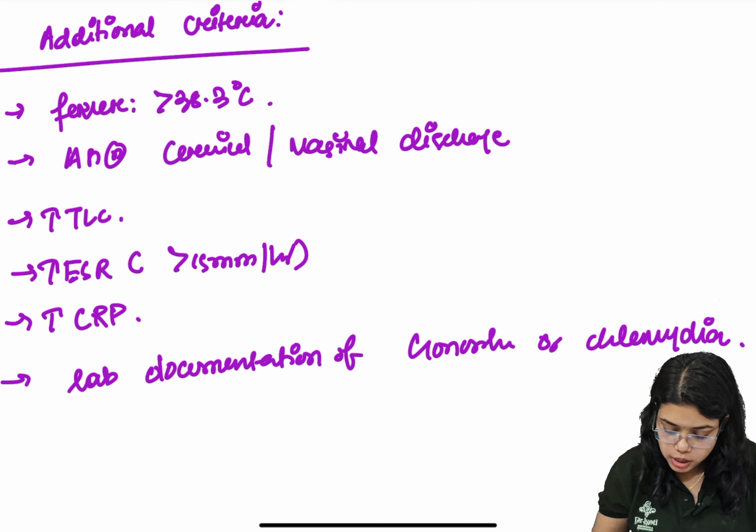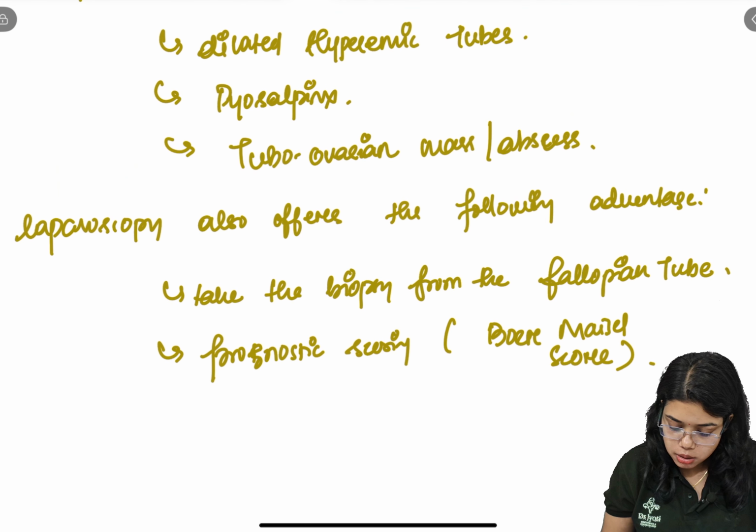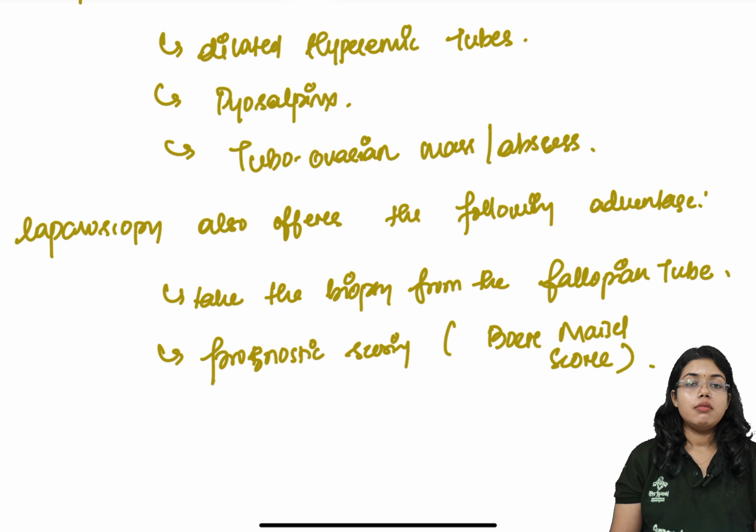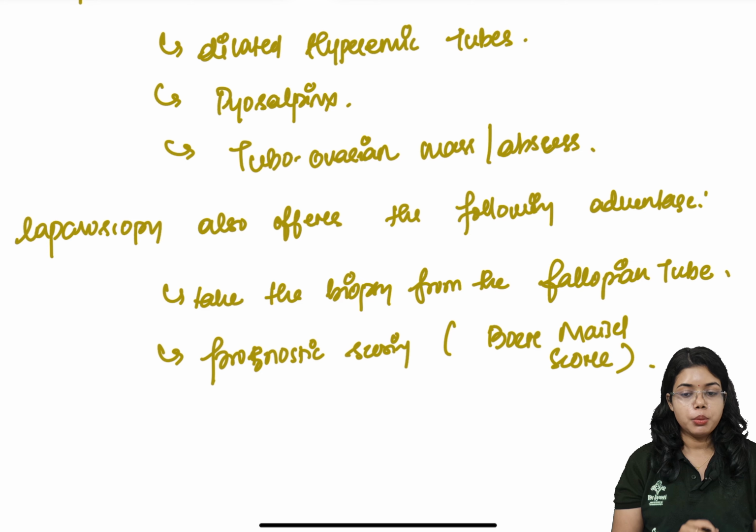And one disadvantage: laparoscopy is the gold standard, but the problem is that when we do laparoscopy, endometritis cannot be ruled out. That is the inflammation of the endometrium that we cannot rule out. Laparoscopy is the gold standard if the peritoneum covering the uterus, the fallopian tubes or the ovaries are involved.